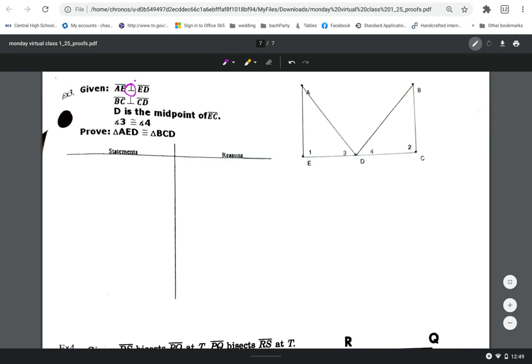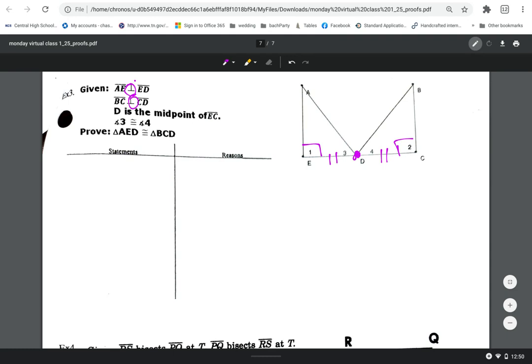Remember, label, label, label, label, label. So AE is perpendicular to ED. So that's a right angle. BC is perpendicular to CD. Right angle. D is the midpoint of EC. All right. If that's the midpoint, then that means that ED is congruent to DC. Okay.